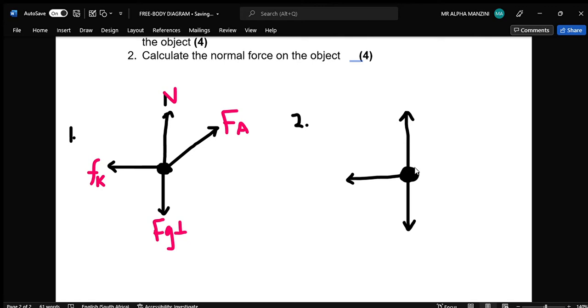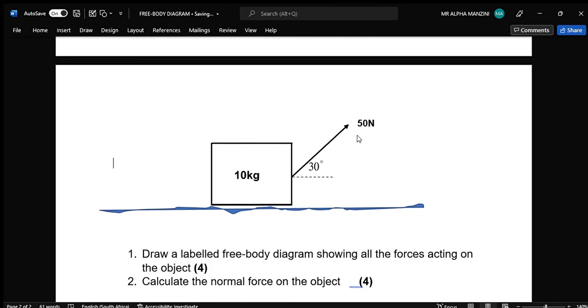Then, since there is this force acting at an angle, we can write it this way, with 2 components. You can give it 2 components, or name it. This is our force acting at an angle.